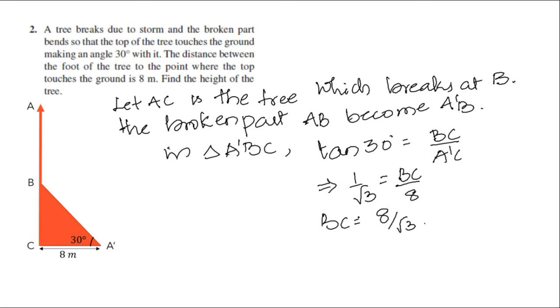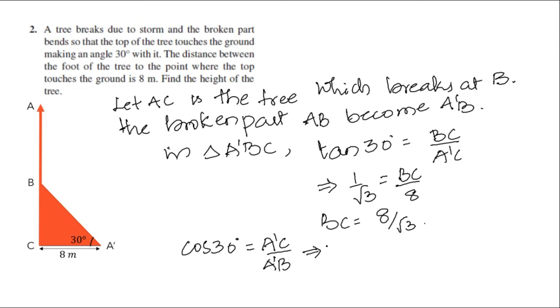This is the length of BC. Now to find the length of A dash B, I need to use another trigonometric ratio. Now I'll consider cos of 30 degree, which will be adjacent side A dash C upon the hypotenuse A dash B.